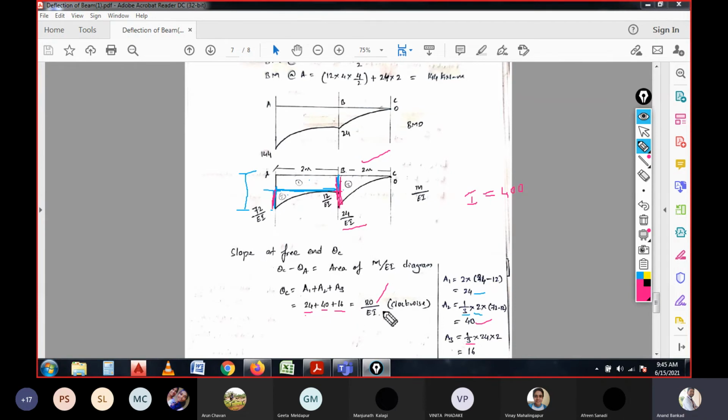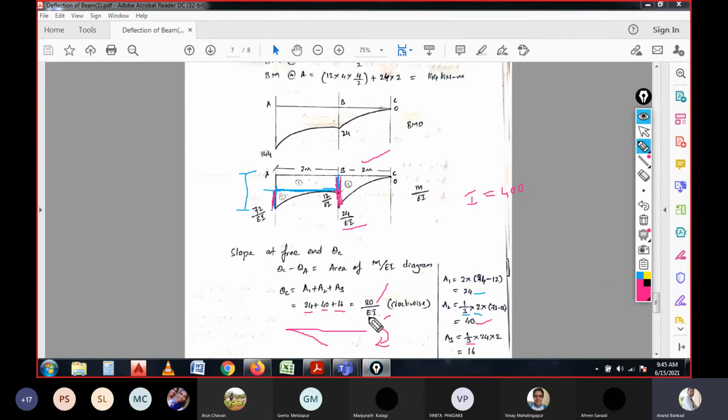Just substituting the value of EI, we will be able to calculate the exact value of slope for the given load. So now 80 by EI is in the clockwise direction, that means negative. The slope is in the downward direction, that is, the clockwise direction.